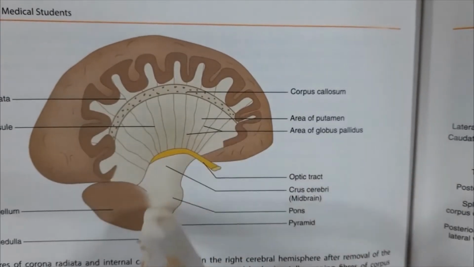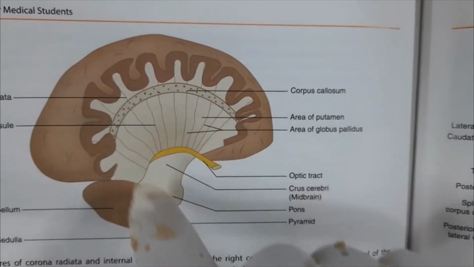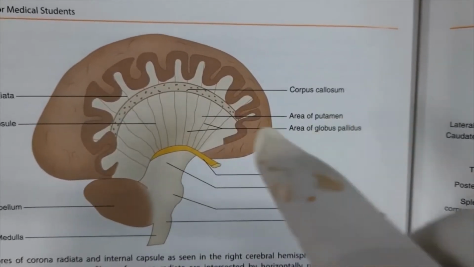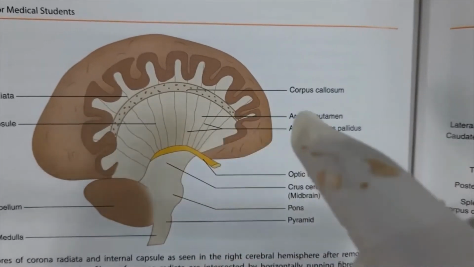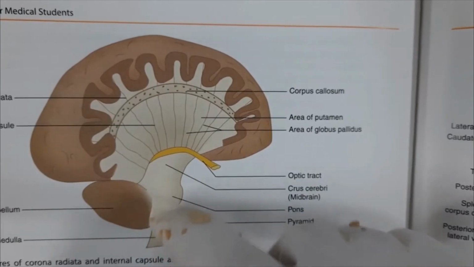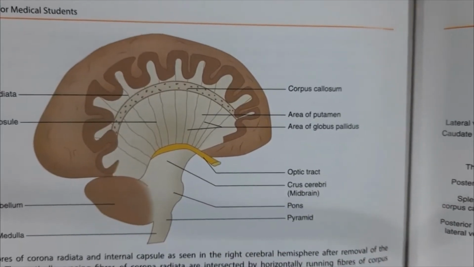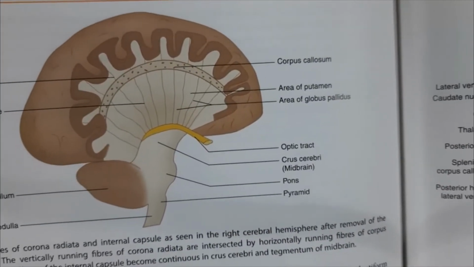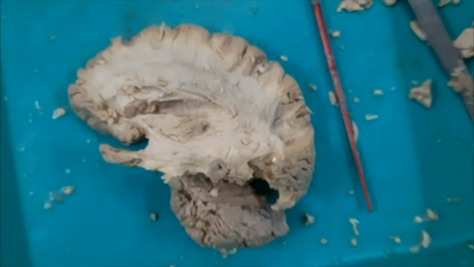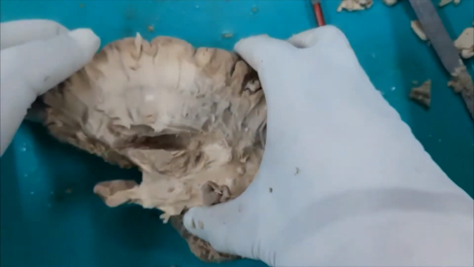So now I am trying to show you the continuity of the internal capsule with the fibers of the crus cerebri of the midbrain, which will then go into the pons, and from the pons it will go into the pyramids. So these fibers are the corticospinal or spinocortical fibers. I will show you here.